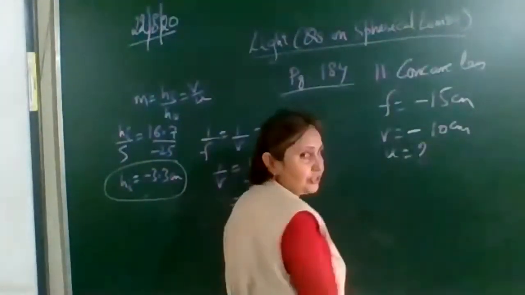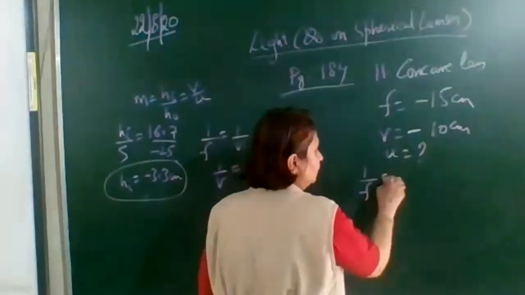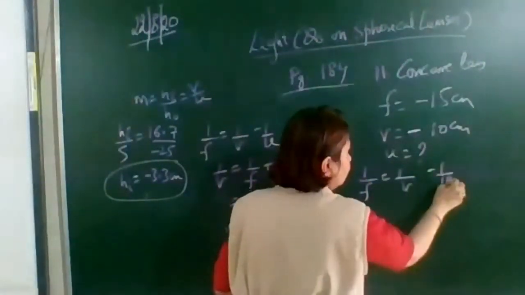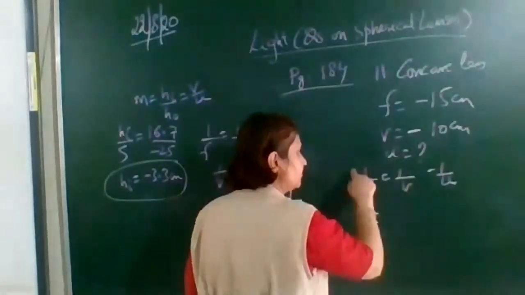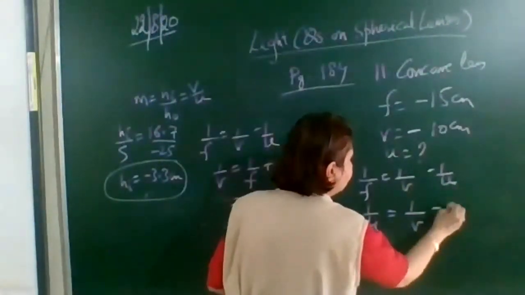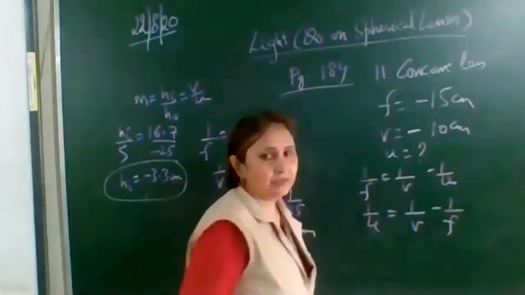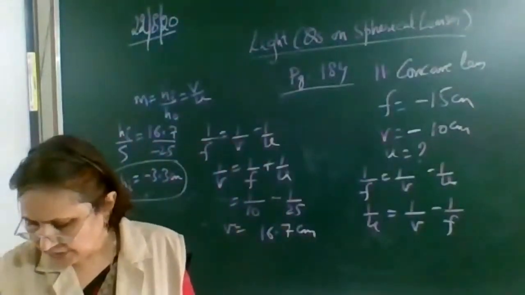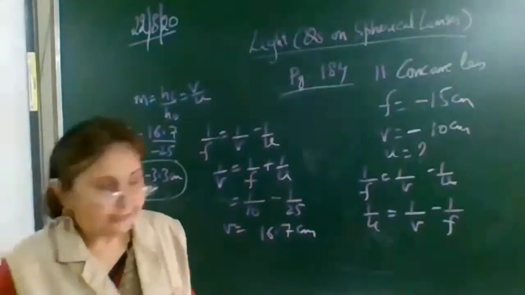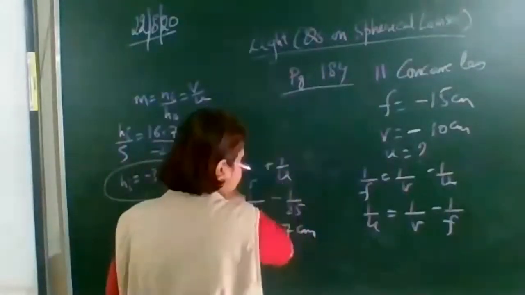We have to find out the u distance. Same formula. Now here u we have to find out. So 1 upon u is equal to, bring this 1 upon u over here, 1 upon v minus 1 by f. And you substitute the values and find out the object distance.